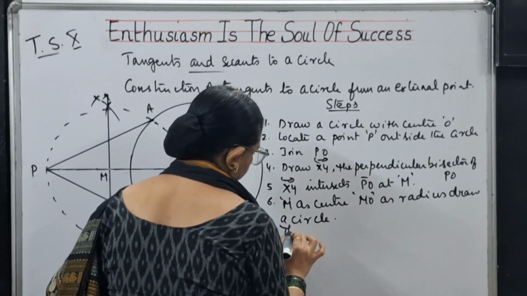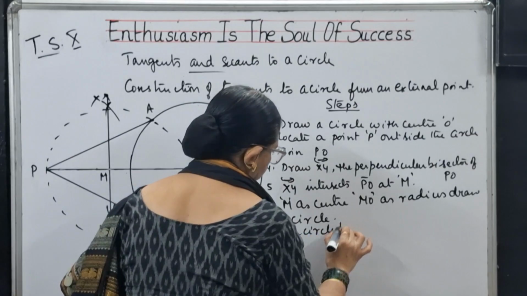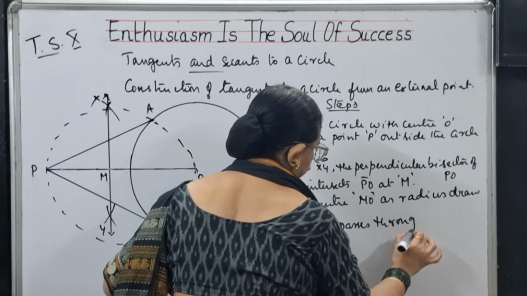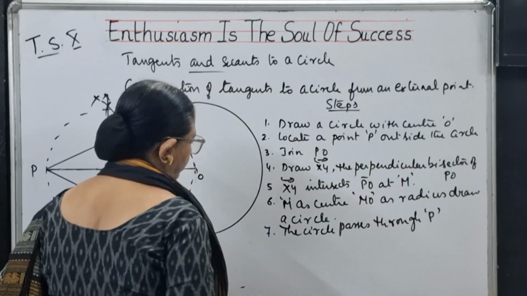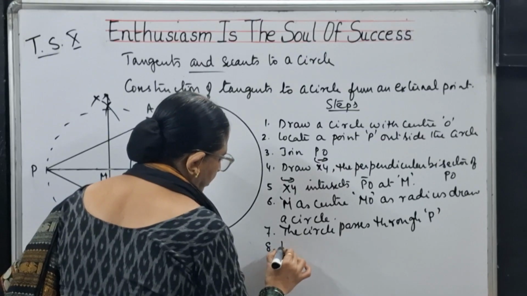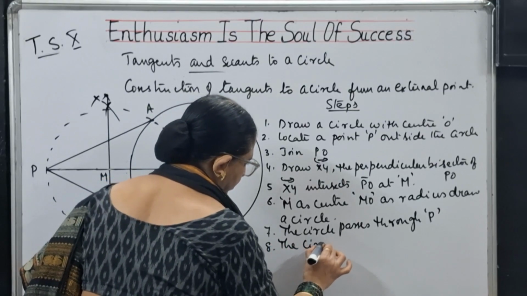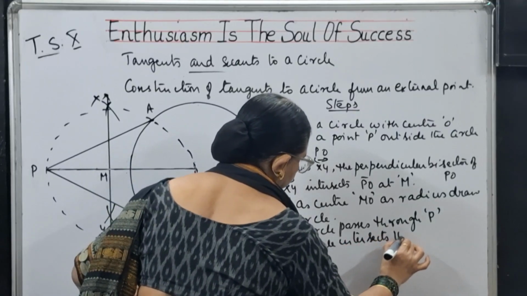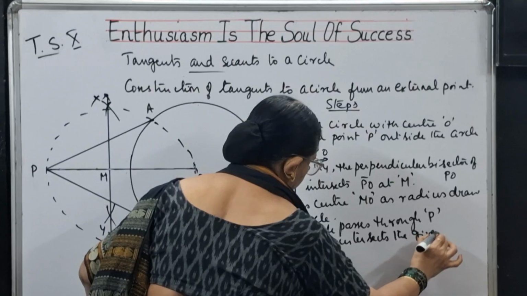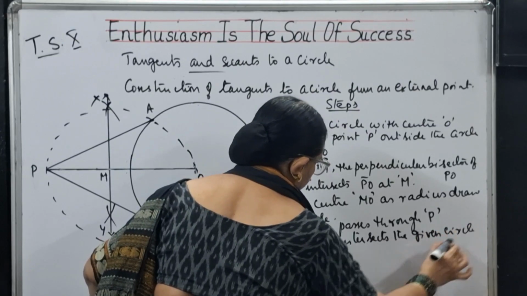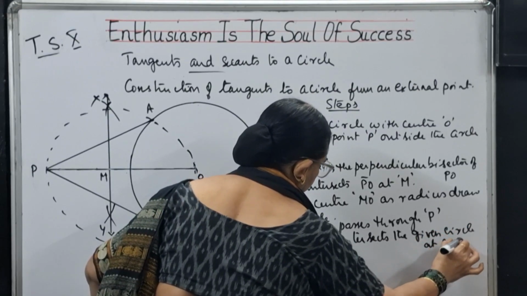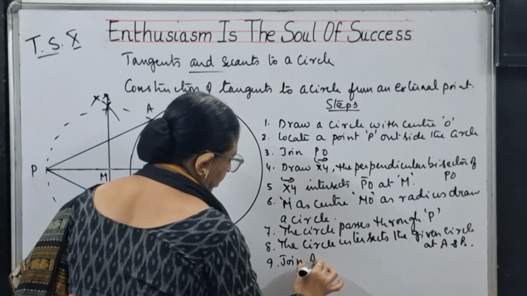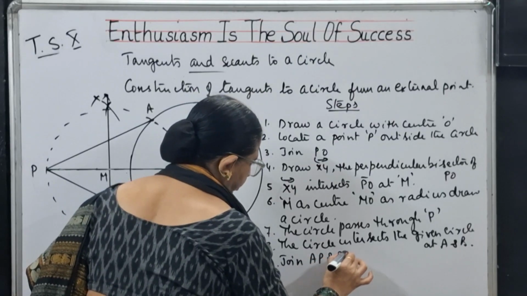Seventh point, the circle passes through P. The circle passes through P. Eighth point, the circle intersects the given circle at A and B. Ninth point, join AP and BP.